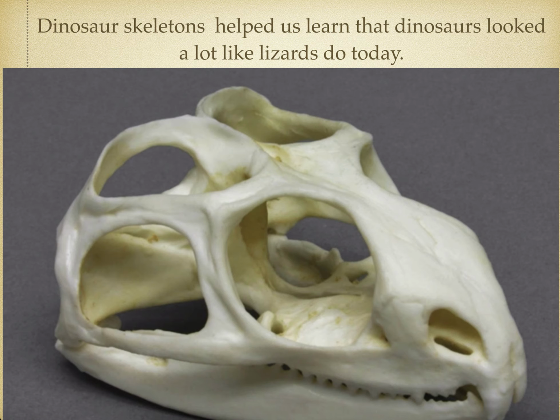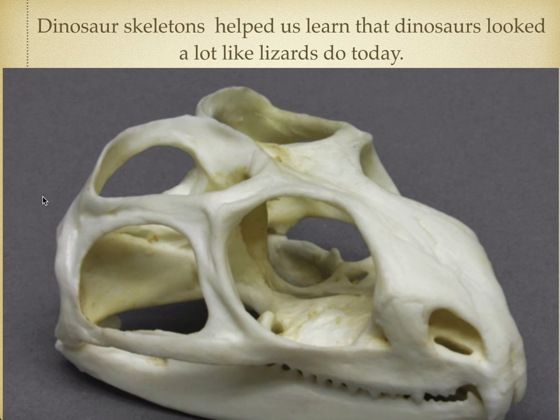And you know what else fossils tell us? They tell us what certain animals looked like. So, for example, dinosaur fossils, after examining those, scientists came to the conclusion that dinosaurs look like lizards.